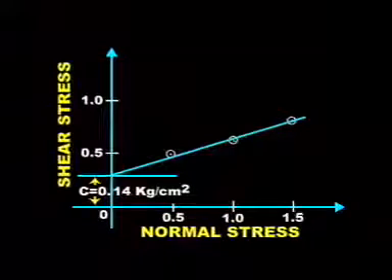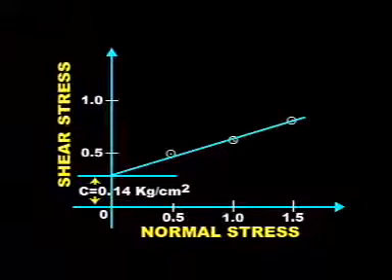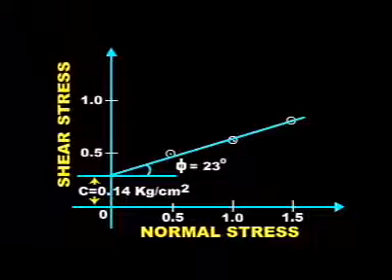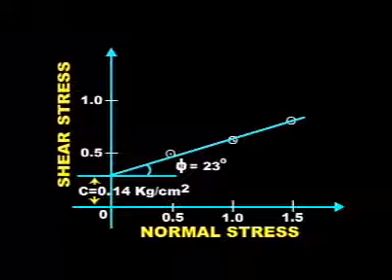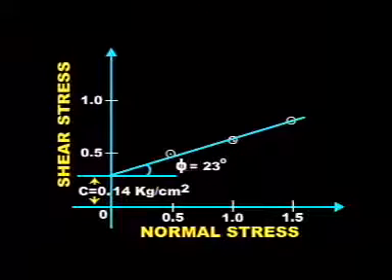This gives the cohesion C. Measure the angle which the line makes with the horizontal axis. This gives the angle of shearing resistance. For present test, C is equal to 0.14 kg per centimeter square and phi is equal to 23 degree. The value of C and phi will vary with different state of soil.